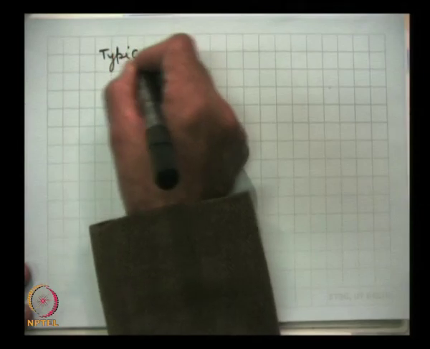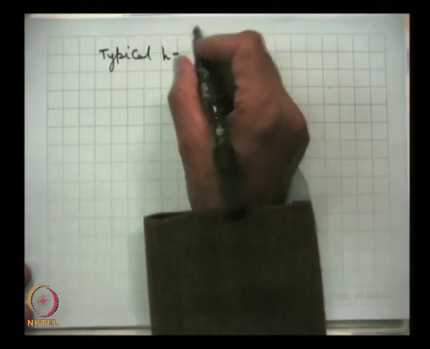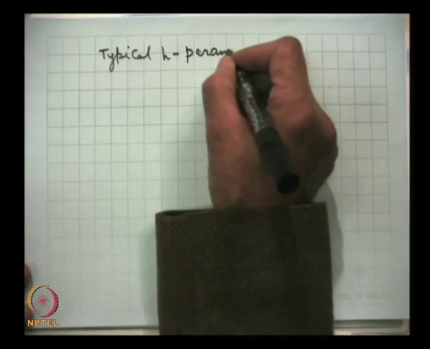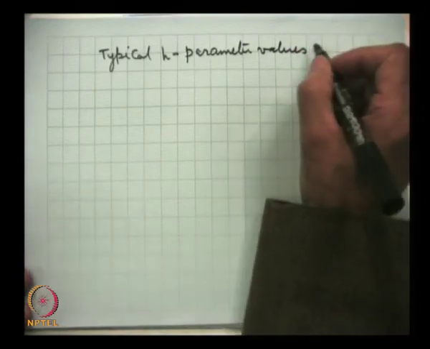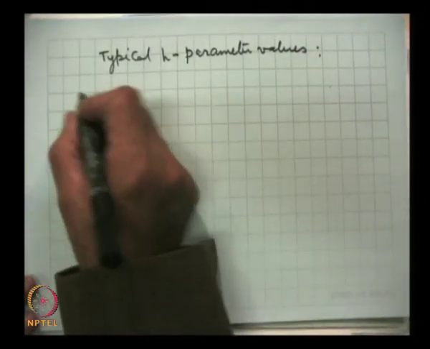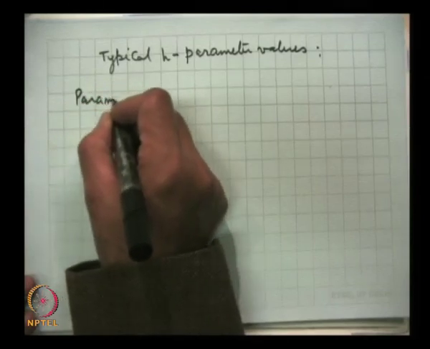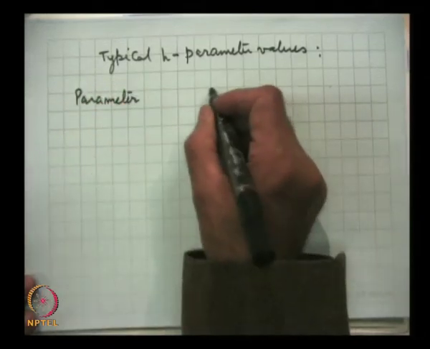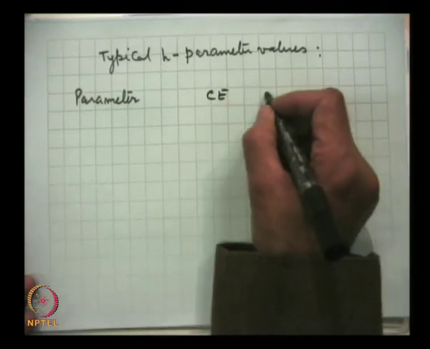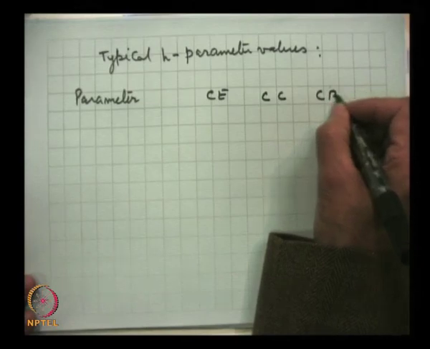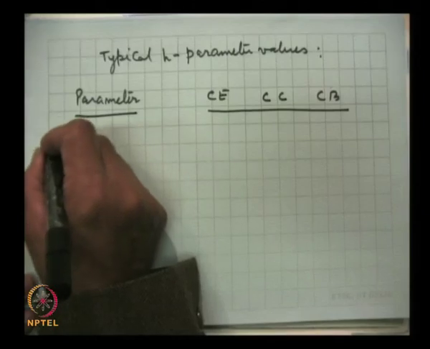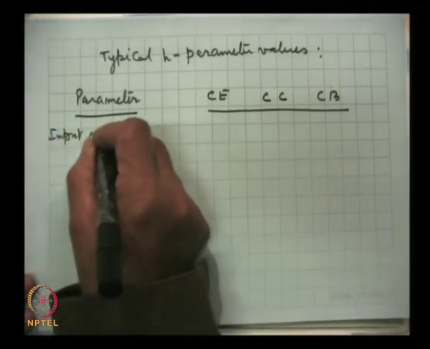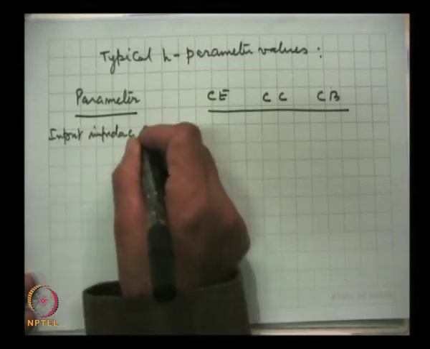So, typical H parameter values. Here are the parameters, and here the CE configuration, CC configuration and CB configuration. The first parameter is input impedance HI.